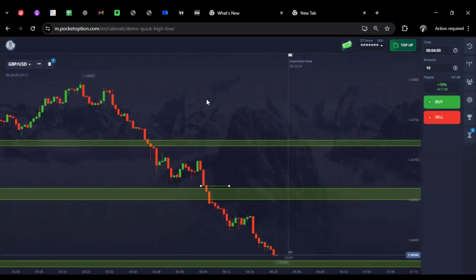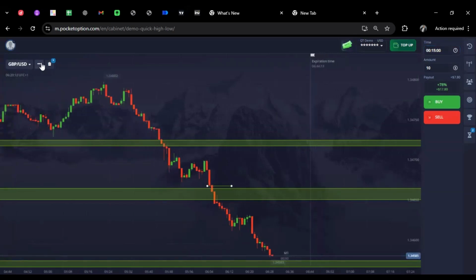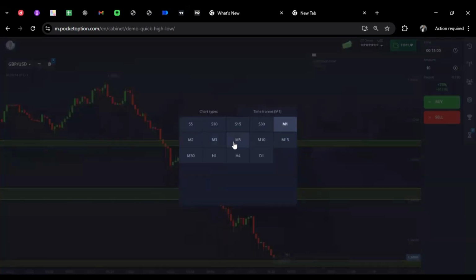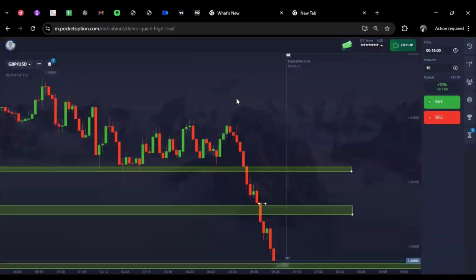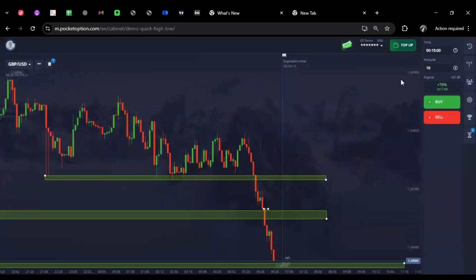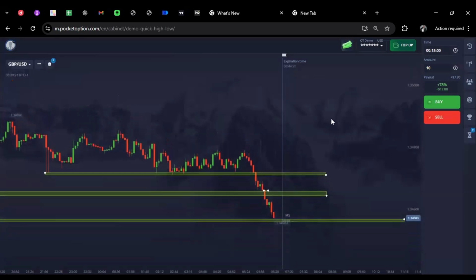Okay, see, going. So we're going to take a 15 minute call once it hits our main entry, which is that zone down there. I just wait patiently. It's getting there. There's no rush. It's getting there. This is a very strong move on GBPUSD.